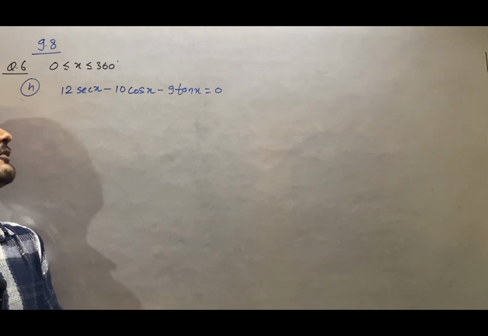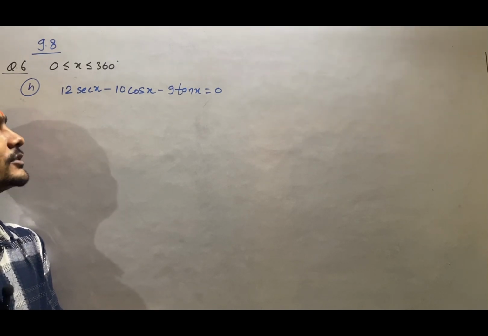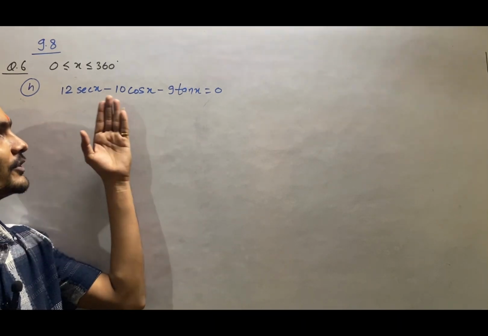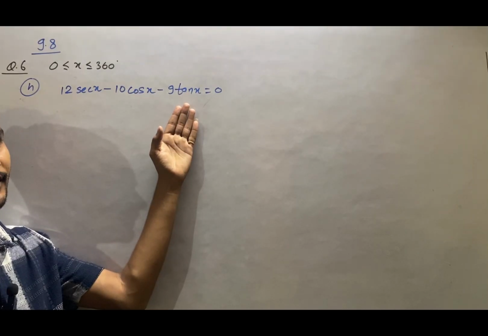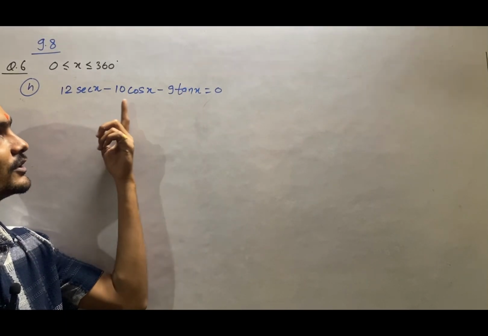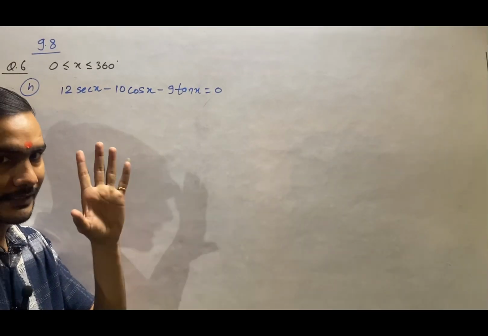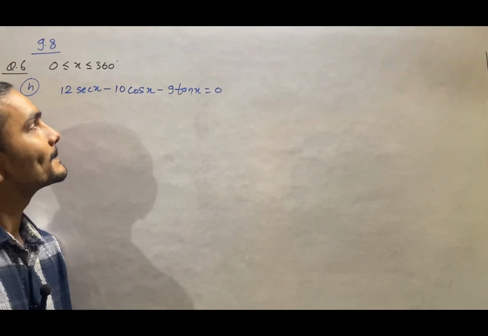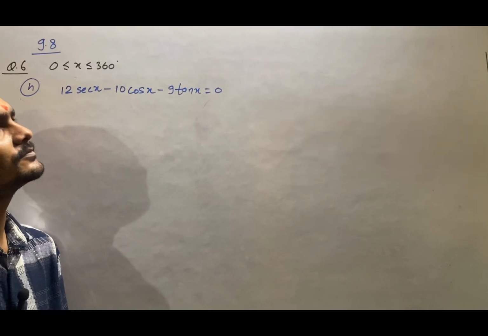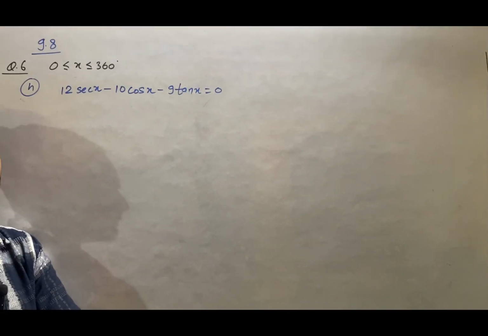Now we have to focus because we have three different functions and we have to convert all three different functions into one function. So now we will convert into sine and cos.